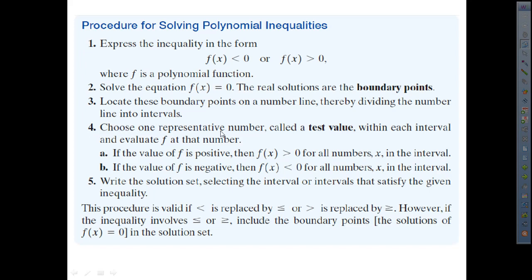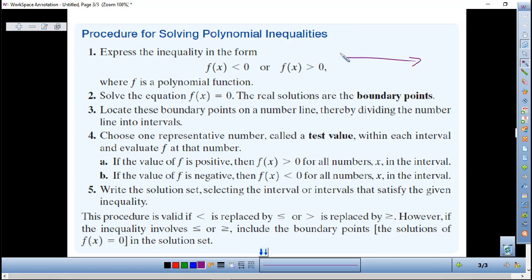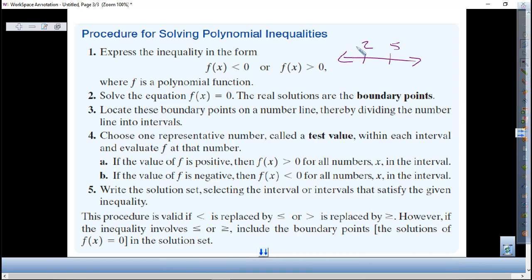Number 4, choose one representative number called a test value within each interval and evaluate f at that number. So with the one we were dealing with here, we got 2 and we got 5. If I choose an interval over here, I might want to choose 0 because it's easy to plug in.